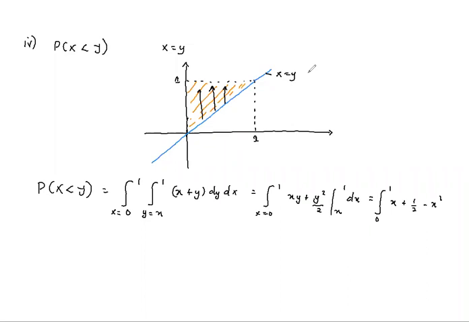So what depends here is the order. If you want, you can pick x to be bounded by the constants 0 and 1. And then for y, you are starting from the line going to 1.